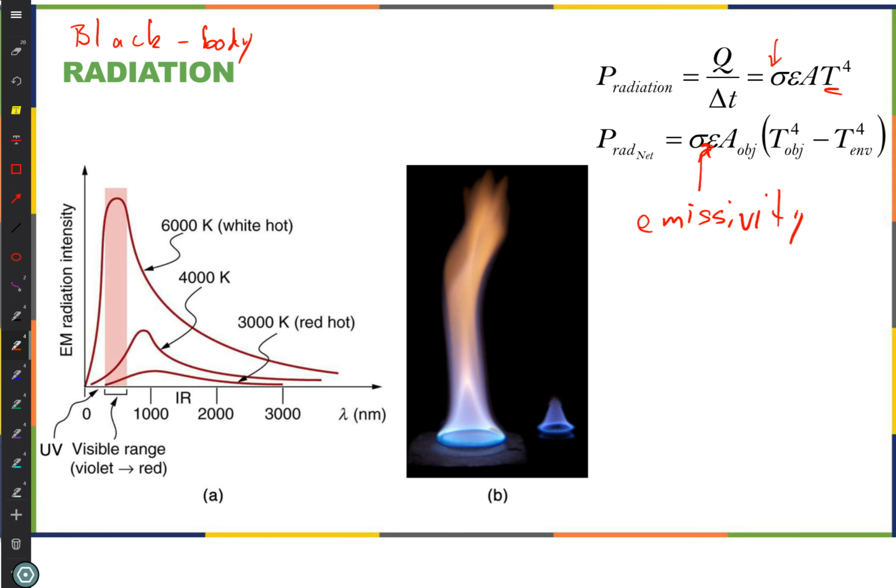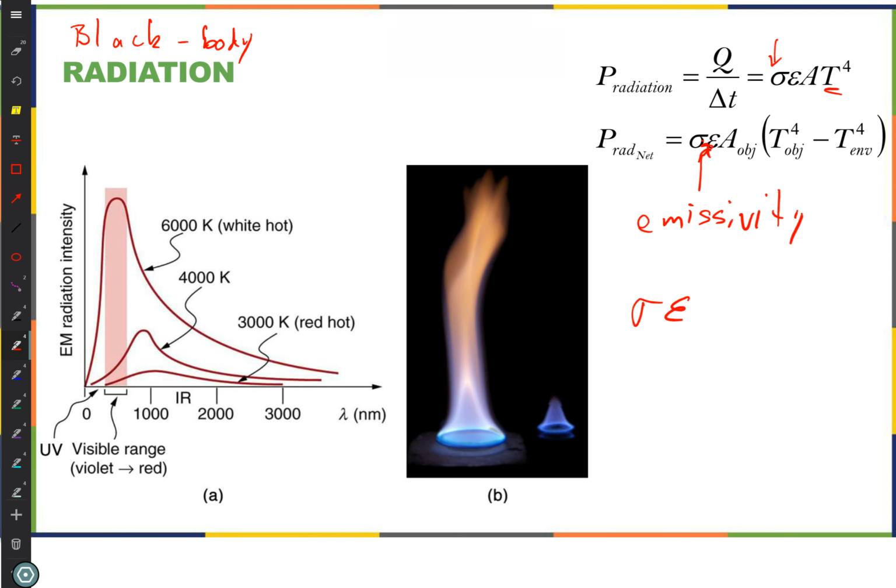So let's say that you are in a sauna and you want to calculate the rate at which you are receiving heat into your body from the sauna. The way to calculate that net rate of heating is to take this lower equation showing the net rate, so it has two temperatures. You're going to have the Stefan-Boltzmann constant sigma, and then the emissivity, which is how effective your body is at absorbing and emitting radiation.